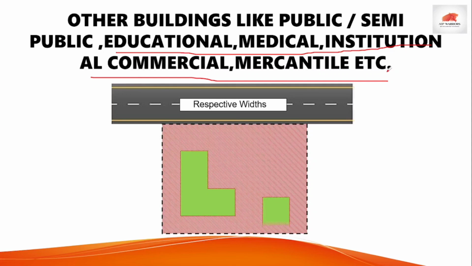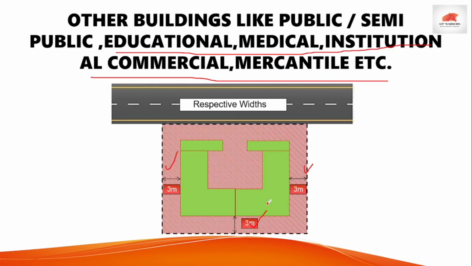Okay, so suppose this is our other building, like suppose this is the educational building. So for the educational building, the side margins, means this one and this one, and this is a rear margin. So we should keep side margin 3 meters, and a rear margin is also 3 meter in this case.